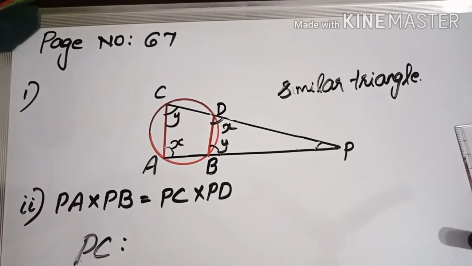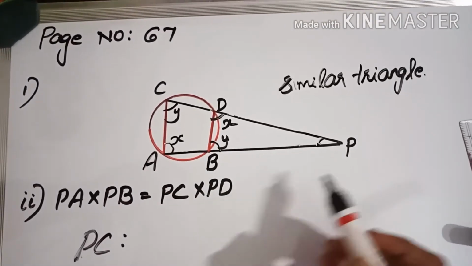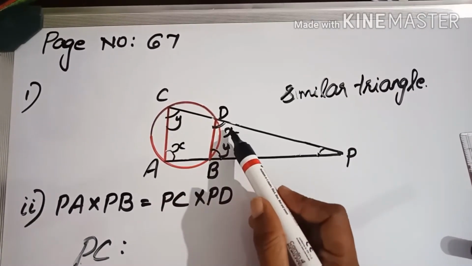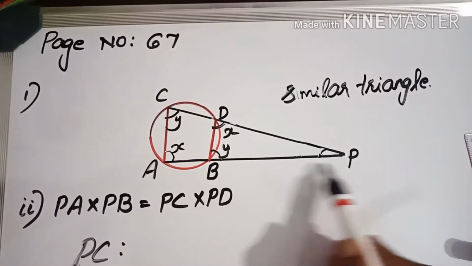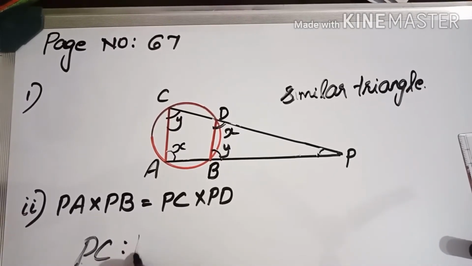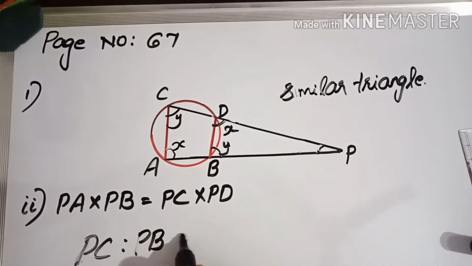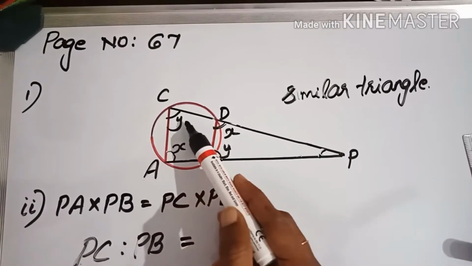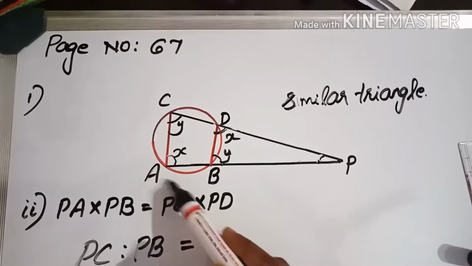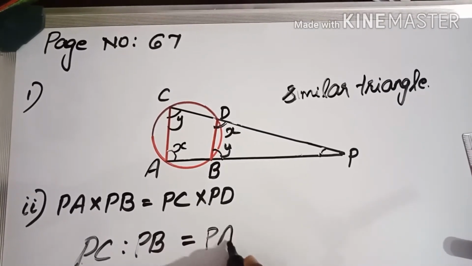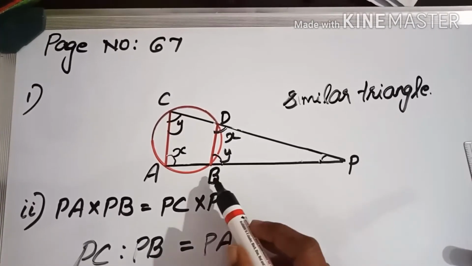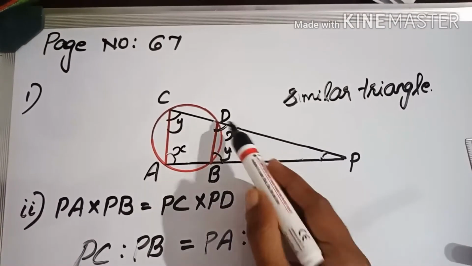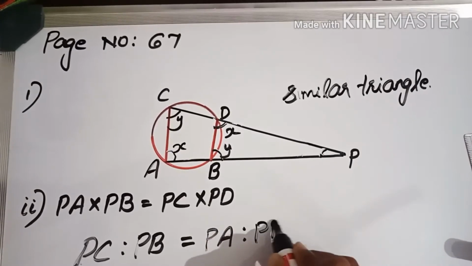PC is to, for the second triangle PBD, same angle x degree, its opposite side is PB. That is PC is to PB equal to, consider the next angle, y degree. For the larger triangle, y degree's opposite side is PA. So PA is to, for the second triangle, y angle is here. Its opposite side is PD. So PA is to PD.